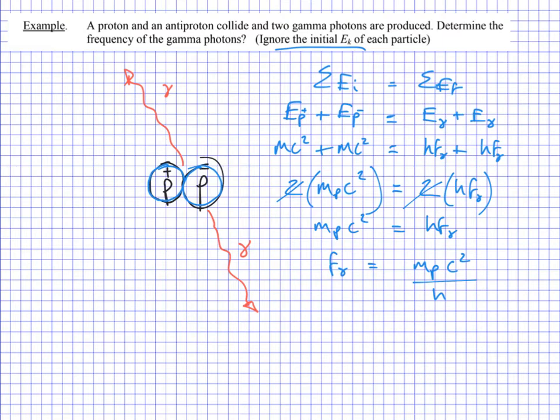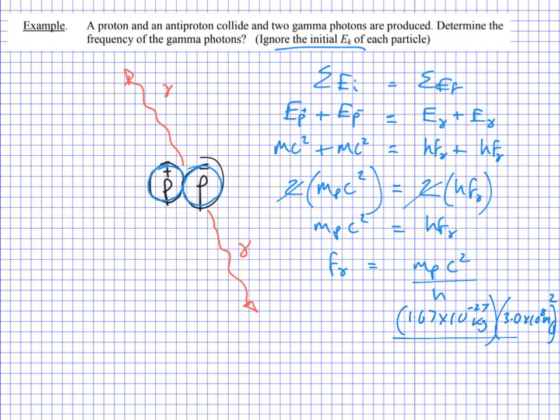If we do that, plug it into your calculator, mass of the proton is 1.67 times 10 to the negative 27 kilograms. Speed of light is 3.0 times 10 to the 8 meters per second. Of course, that's squared.